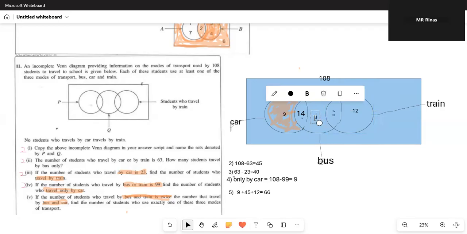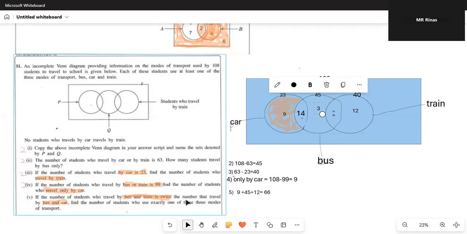So now you can find exactly one mode: this 9, this 3 and this 12. So 24 students travel exactly one of that.